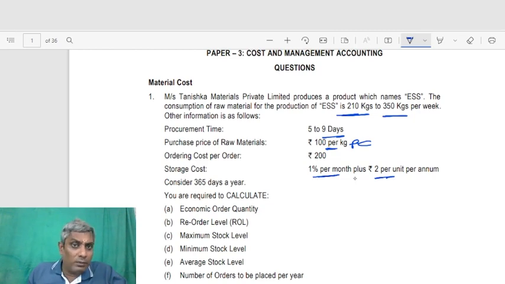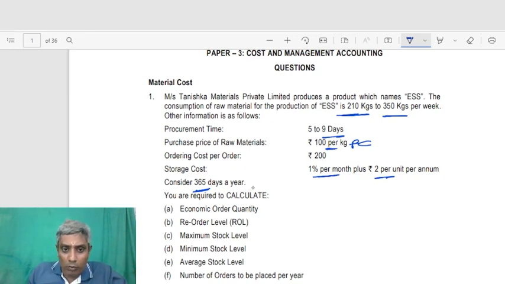We have done a lot of questions like this. Even the study material illustrations have interest percentage. Is it not? So many things are given. Great. Now, consider 360 days a year. When they say it is 365 or 360, you should take only that. So, here it is 365 days, so consider that as 365 days only.